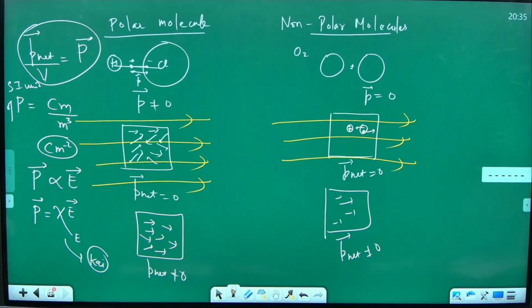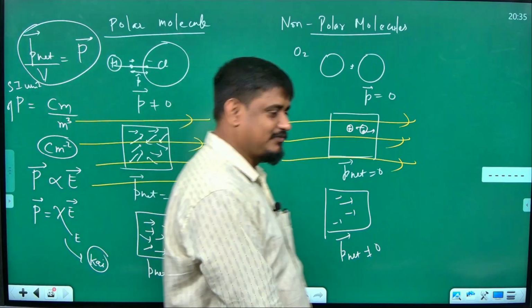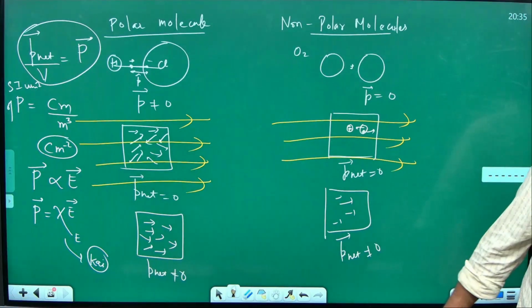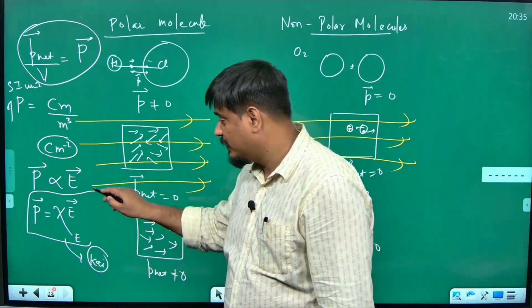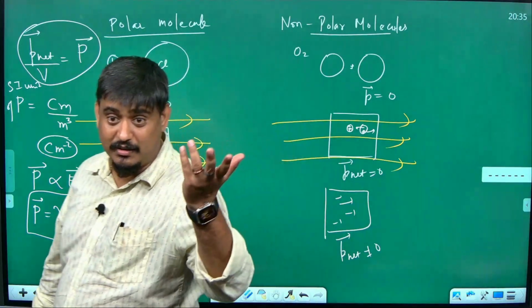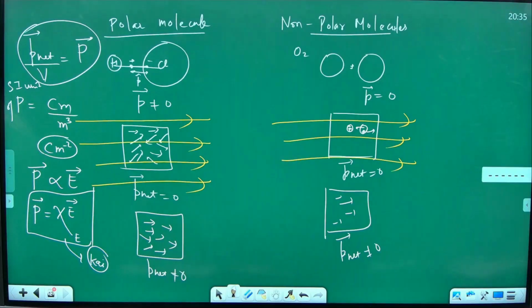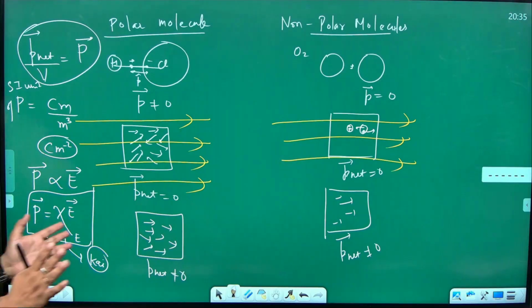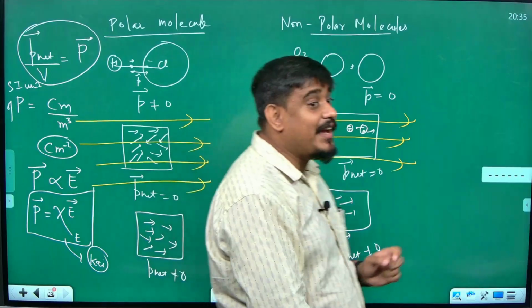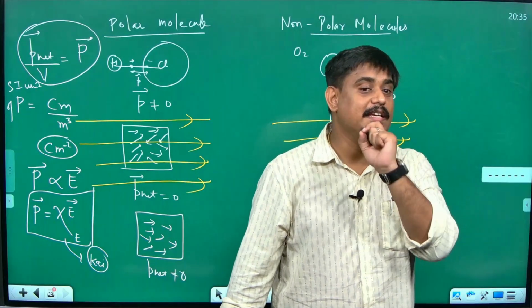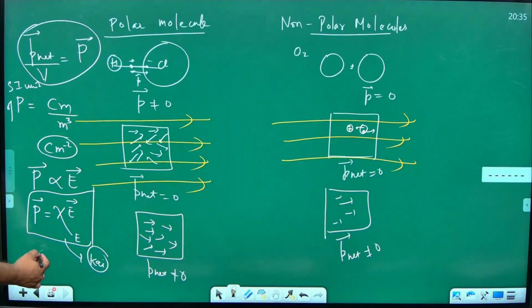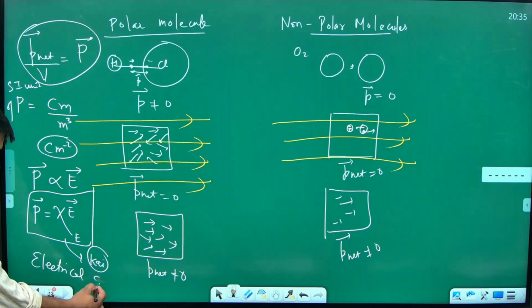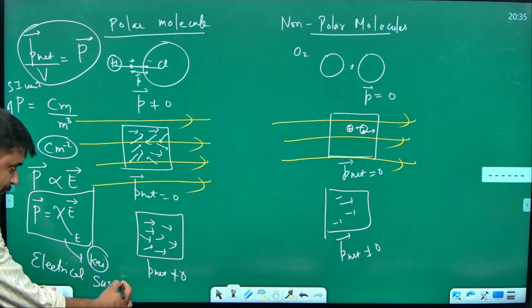Some schools will also call it by another pronunciation. Nothing is there in that. Not only schools, in some other countries they speak it differently. But whatever, that is secondary. It is called electrical susceptibility.